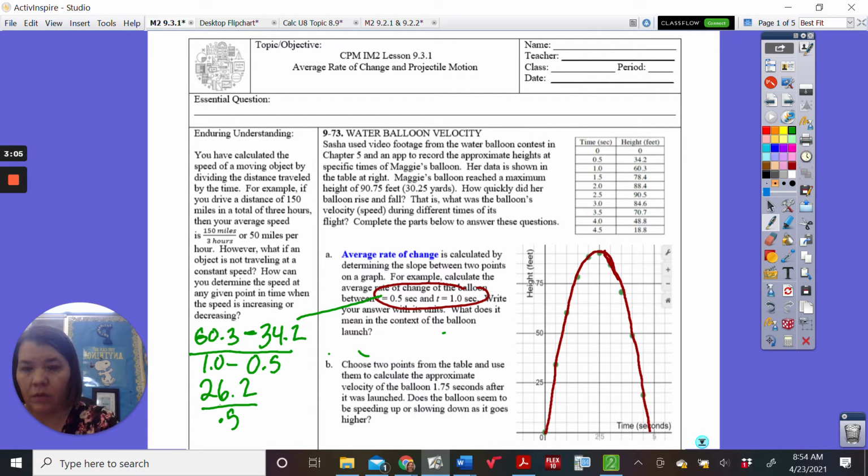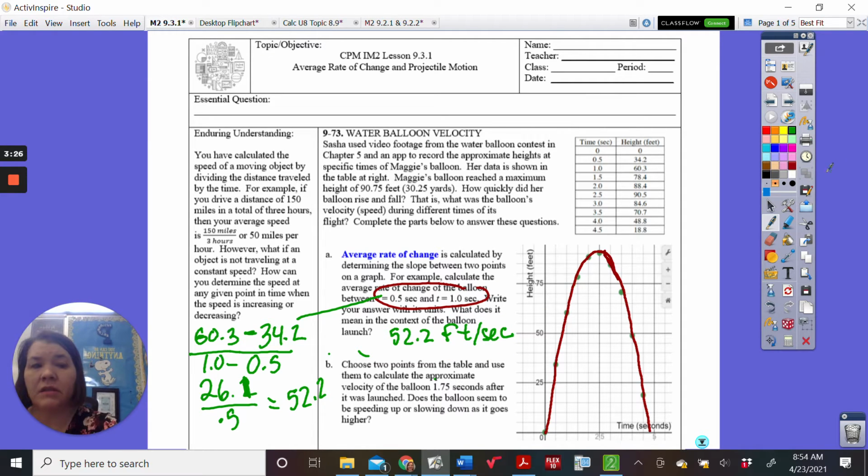Divided by 0.5 is 52.2. So, write the answer with our units. It's 52.2 feet per second.